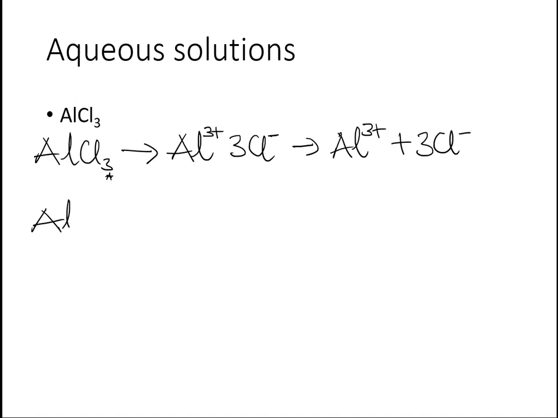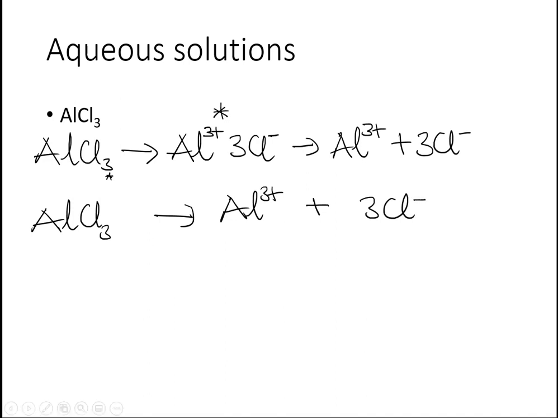If we get rid of the middle part here, you start with aluminum chloride, you end with aluminum 3 plus and 3 Cl minus.